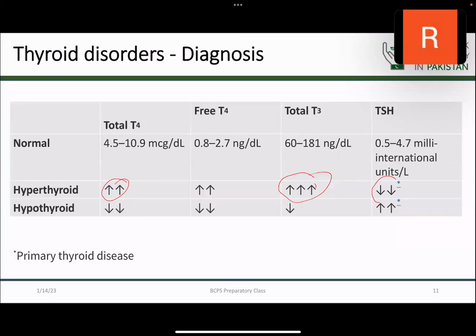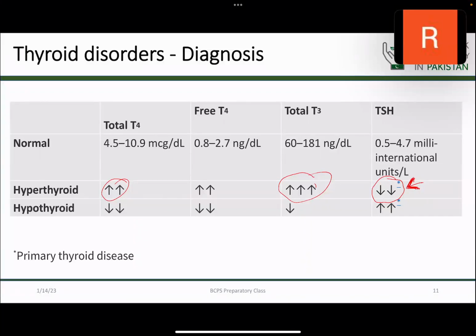So you will see a decrease in thyroid stimulating hormone. From this you can get an idea about the diagnosis: free T4 and total T4 levels will rise, and thyroid stimulating hormone will reduce because of the feedback mechanism. But keep in mind that thyroid stimulating hormone will not reduce if the primary cause is in the pituitary gland.